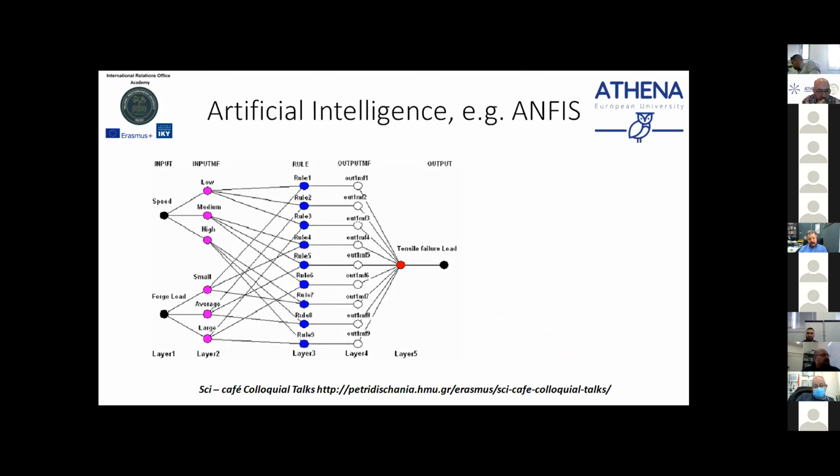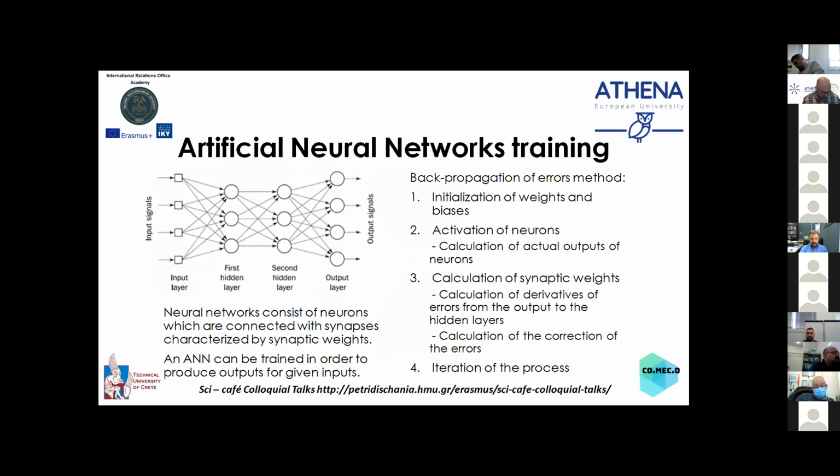In this way, we can deal with hybrid systems where the model-free estimator, which is the neural network, is supported by some rules, which can be written from an experienced user, from a scientist, from an engineer, etc. This is the ANFIS framework. I'm not going to talk about this in this talk, but we have used this for control purposes.